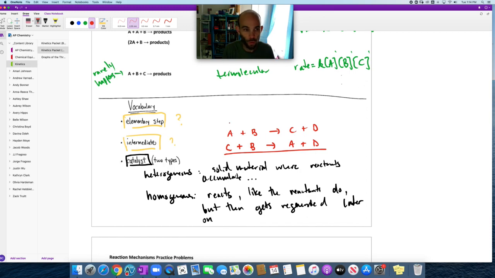What would the overall reaction be? C is an intermediate. It gets generated in the first step, but then gets used up in the second step. And so the overall reaction does not include C at all, right?